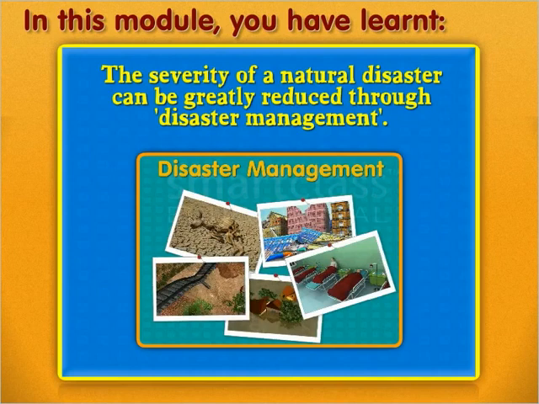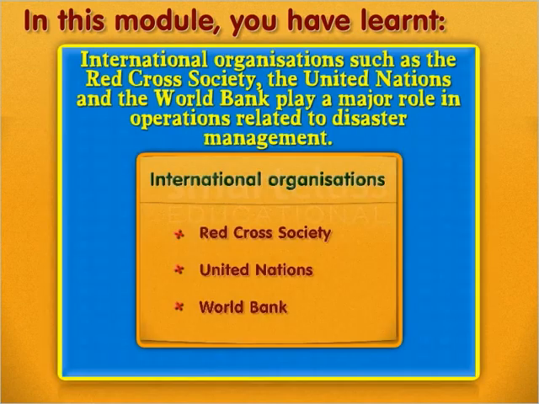The severity of a natural disaster can be greatly reduced through disaster management. International organizations such as the Red Cross Society, the United Nations, and the World Bank play a major role in operations related to disaster management.